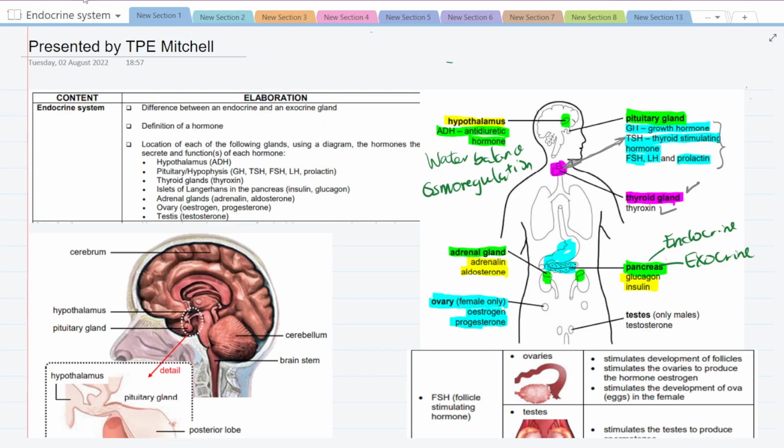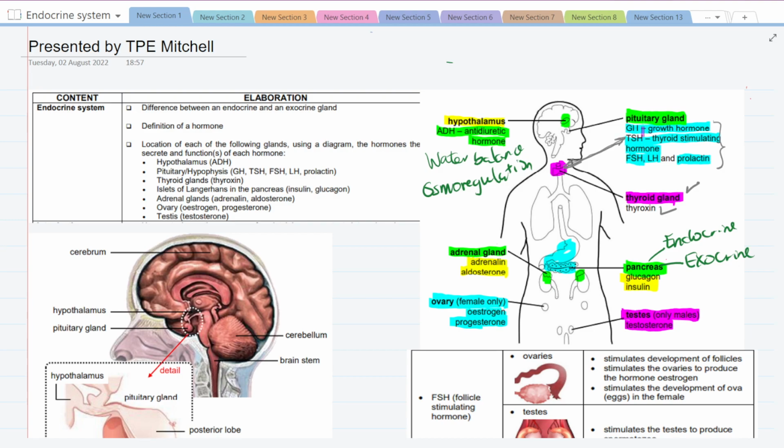And then only in males you have what is known as your testes. The testes right here only produce one hormone, which is testosterone, and testosterone is very important when we are looking at spermatogenesis. So those are all your hormones as well as their endocrine glands which secrete them.